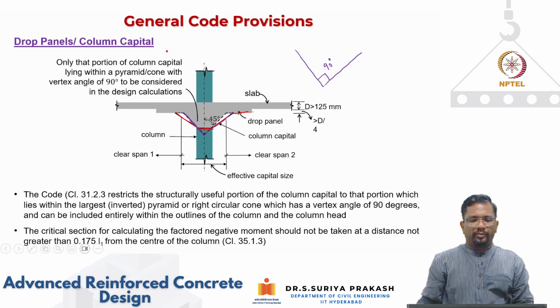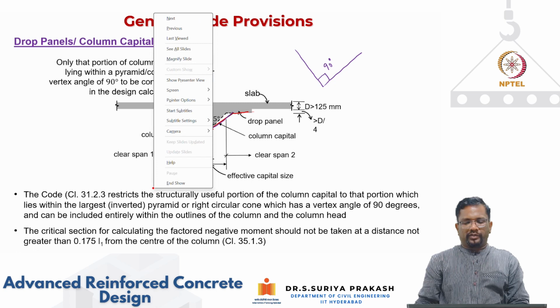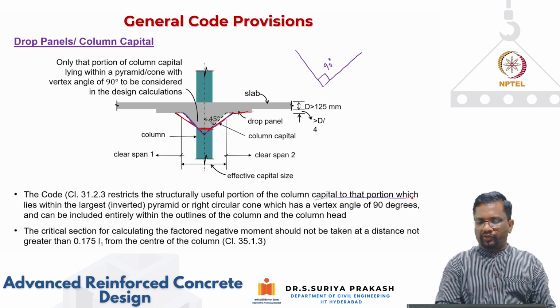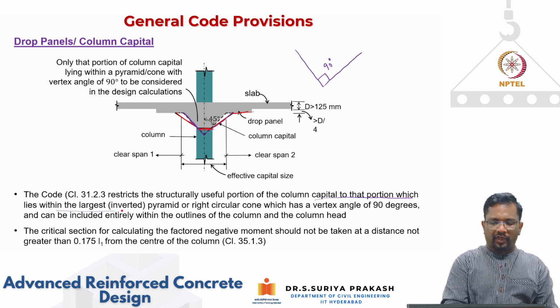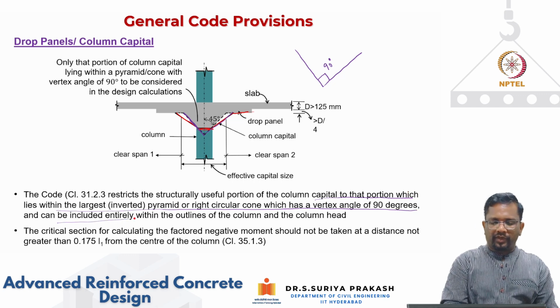So only that portion of the column capital lying within a pyramid or cone with a vertex angle of 90 degrees is to be considered in the design calculations. The code restricts the useful portion of the column capital to the portion which lies within the largest pyramid or right circular cone, with a vertex angle of 90 degrees, that can be included entirely within the outlines of the column and the column head.